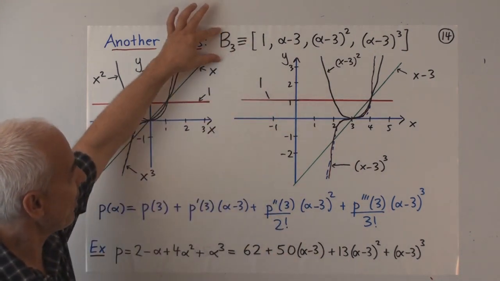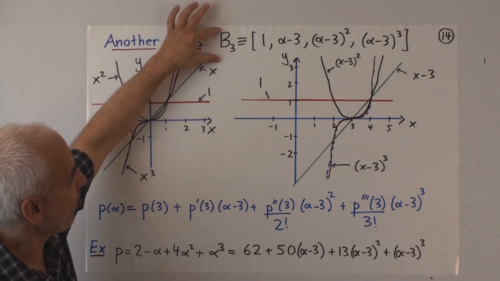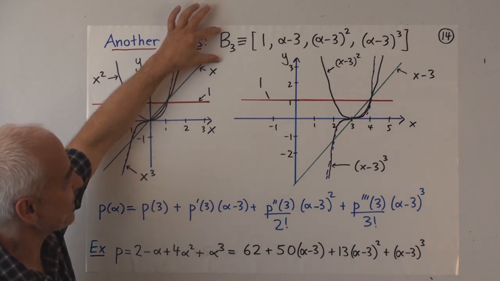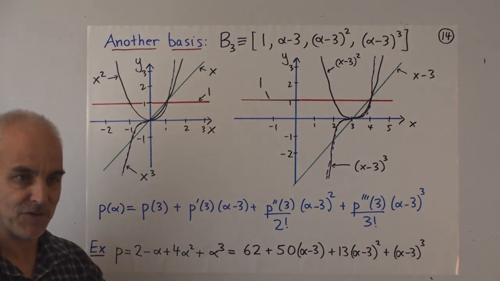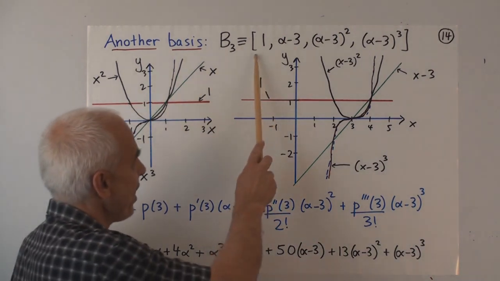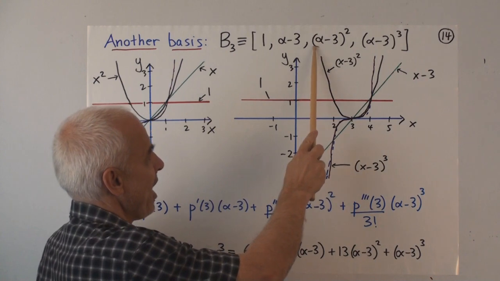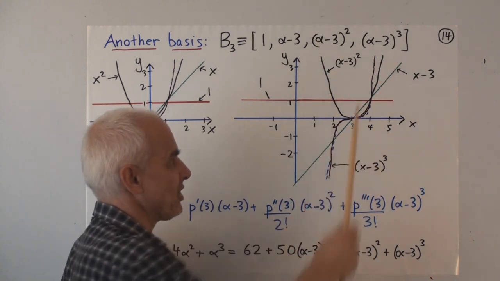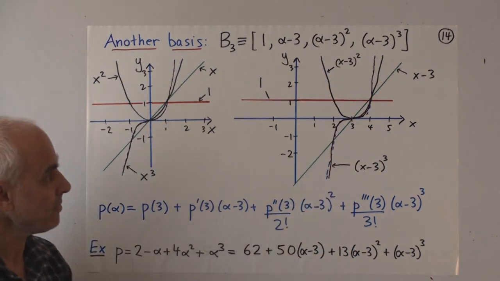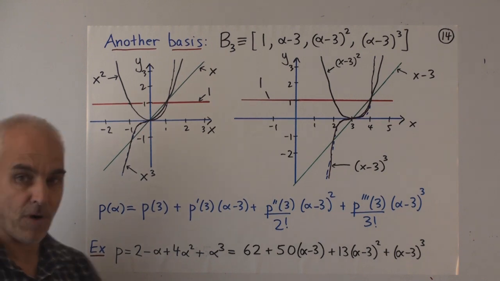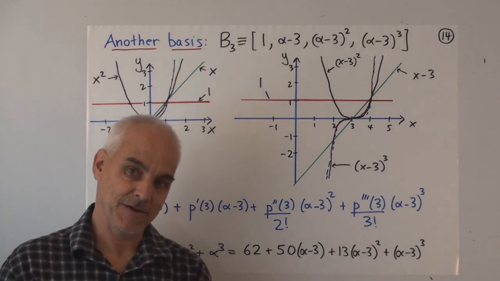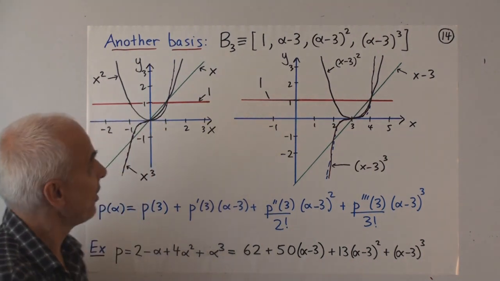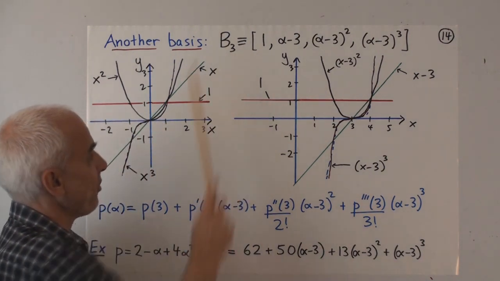So here are those 4 polynomials translated by 3. So instead of having 1, alpha, alpha squared, alpha cubed, we now have 1, alpha minus 3, alpha minus 3 squared, alpha minus 3 cubed. Those 4 polynomials are also forming a basis of our polynomial space. And let's call that basis B sub 3.